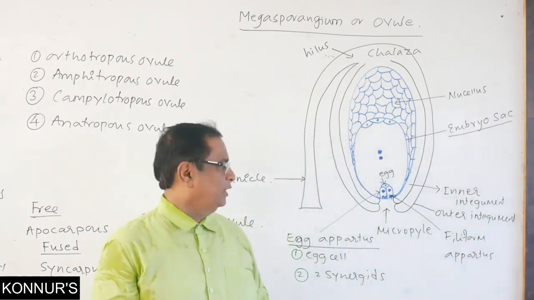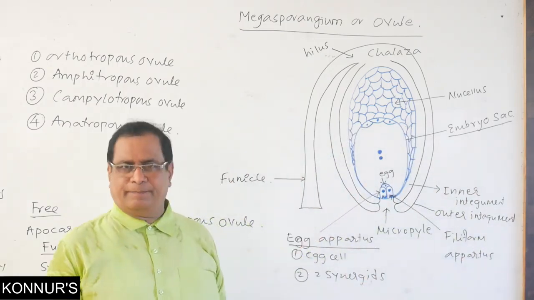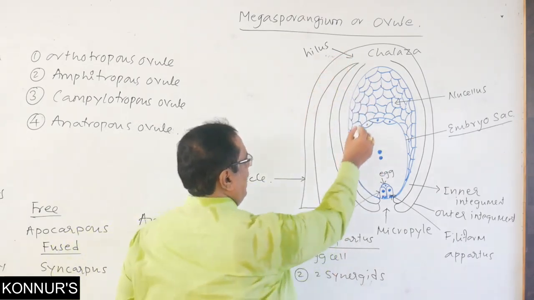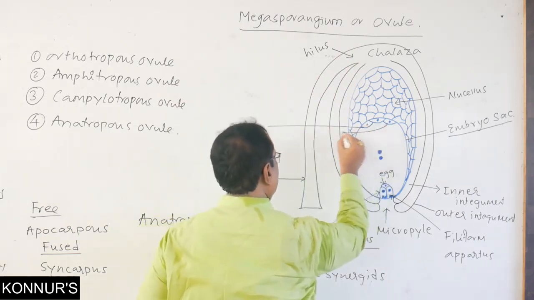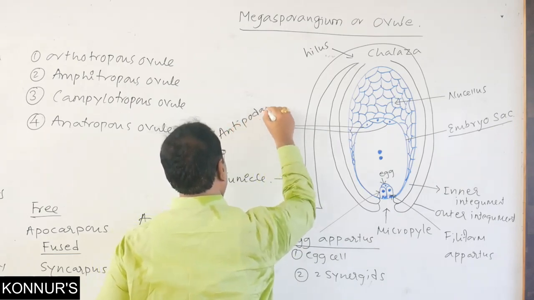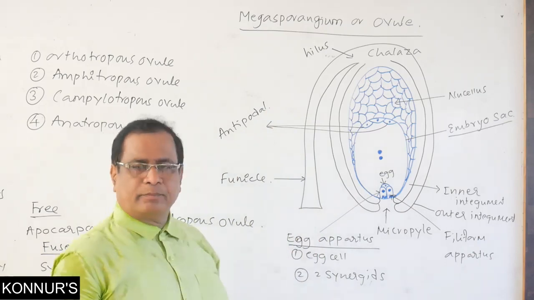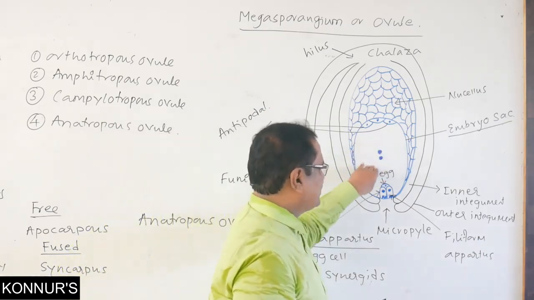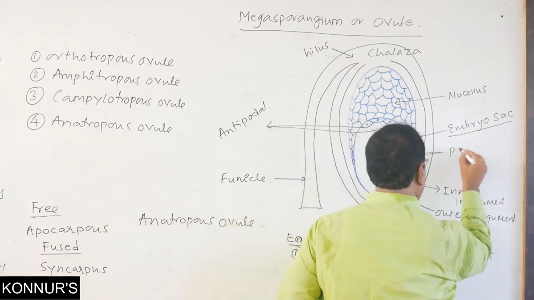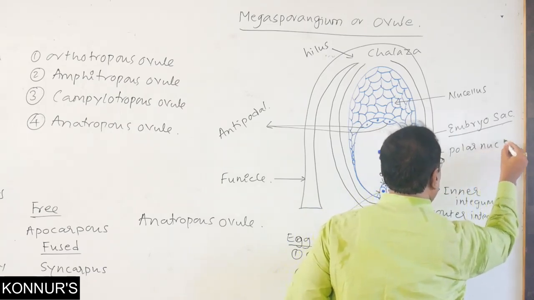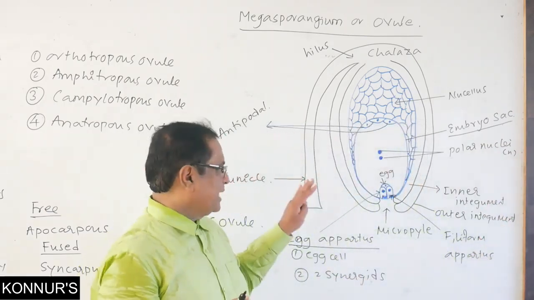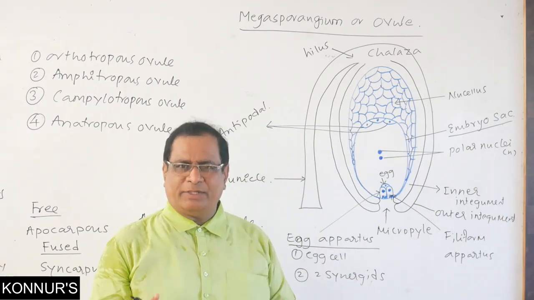These are 3 cells towards micropylar end, and a group of 3 more cells towards chalaza. And these 3 cells together are named as antipodal. And there is a single large cell. It is having 2 polar nuclei. They are haploid in nature. Embryo sac, it is a female gametophyte.